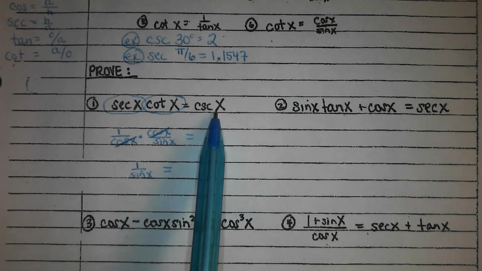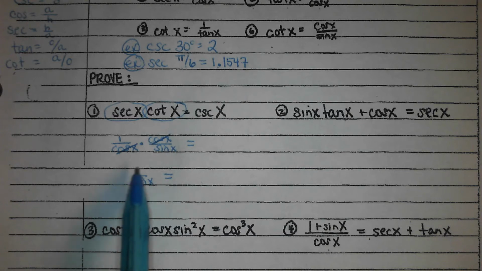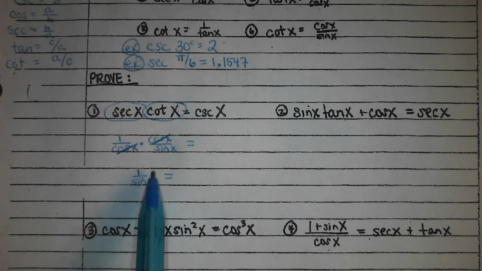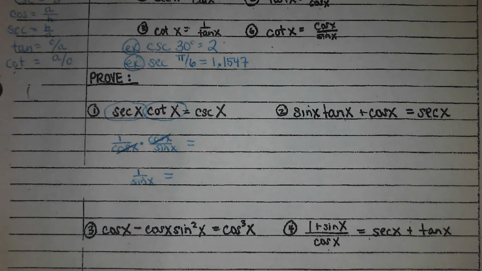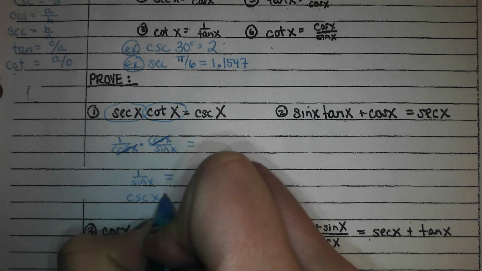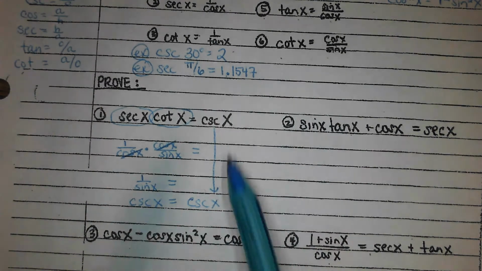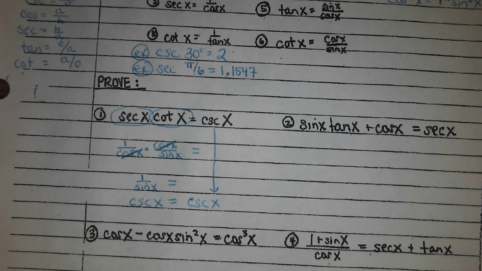Or, let's pretend I didn't even want to touch this side. Now that that has kind of crossed itself out and simplified itself a little bit, I could also take that 1 over the sine of x and change it back into cosecant, right? And I could leave my final answer as the cosecant of x equals the cosecant of x, having never touched that. That's an option. Just like in geometry, there's not one and only one way to do a proof.